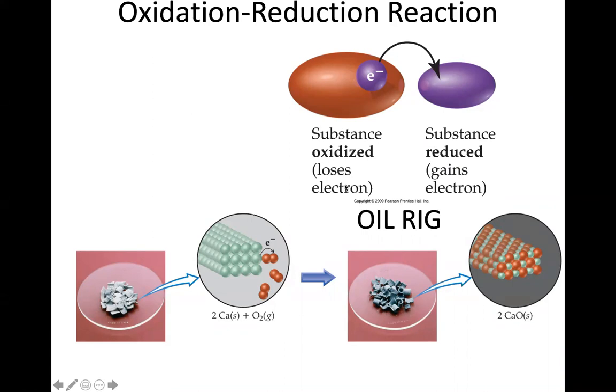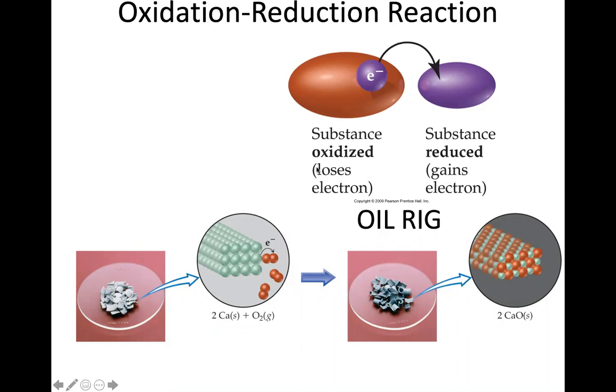There are different mnemonics that I've seen. A lot of times I've seen OIL RIG, where oxidation is losing the electron, reduction is gaining. So we want to know this terminology for oxidized and reduced. Oxidized means losing electrons. When it's reduced, it's gaining electrons.